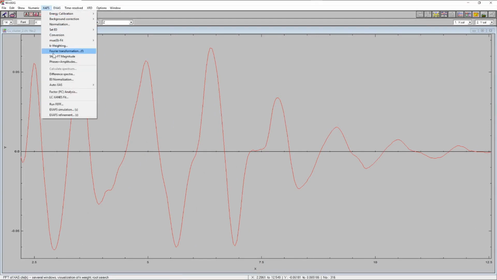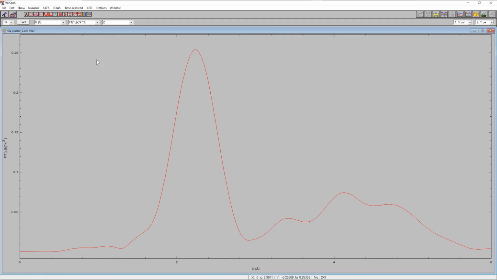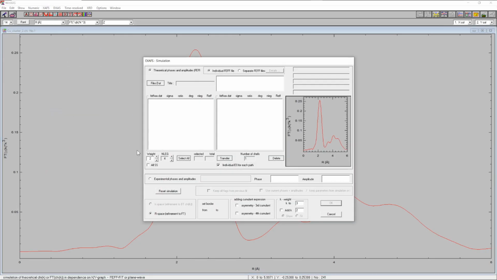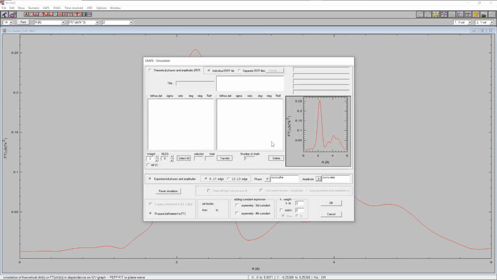Okay, and now we can calculate the Fourier transformation, and we can perform the EXAFS simulation using, again, experimental phases and amplitude, copper K edge, and those are the amplitude and phases that we extracted from the copper metal foil spectrum.